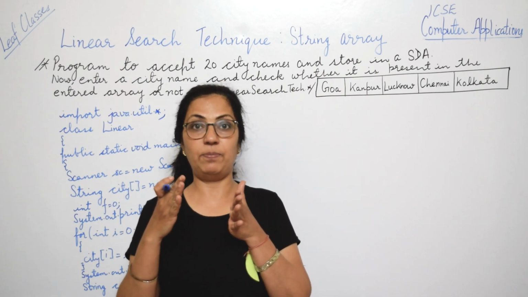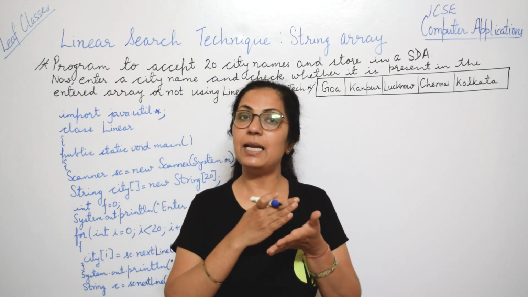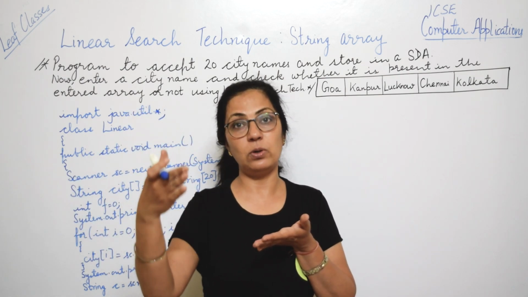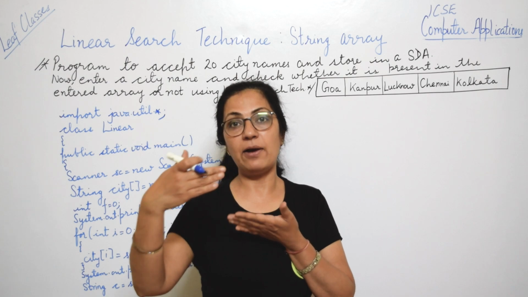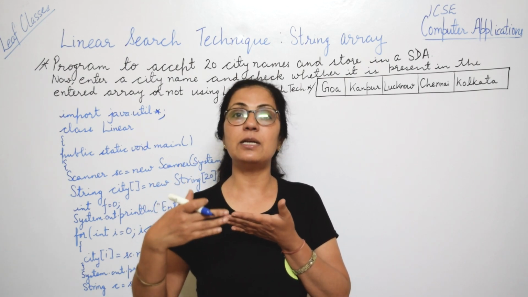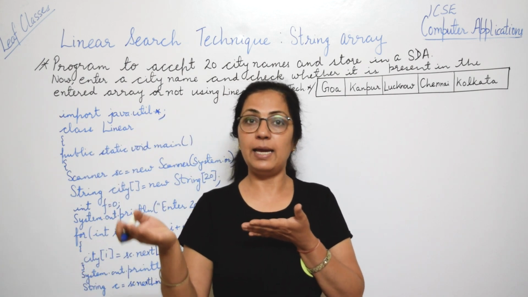Linear search was explained in the previous linear search video also. Linear means in a line, starting from 0 till the end or till we get that element. We have to keep searching till we get the element, or if we are not getting it, till the end of the array, right?